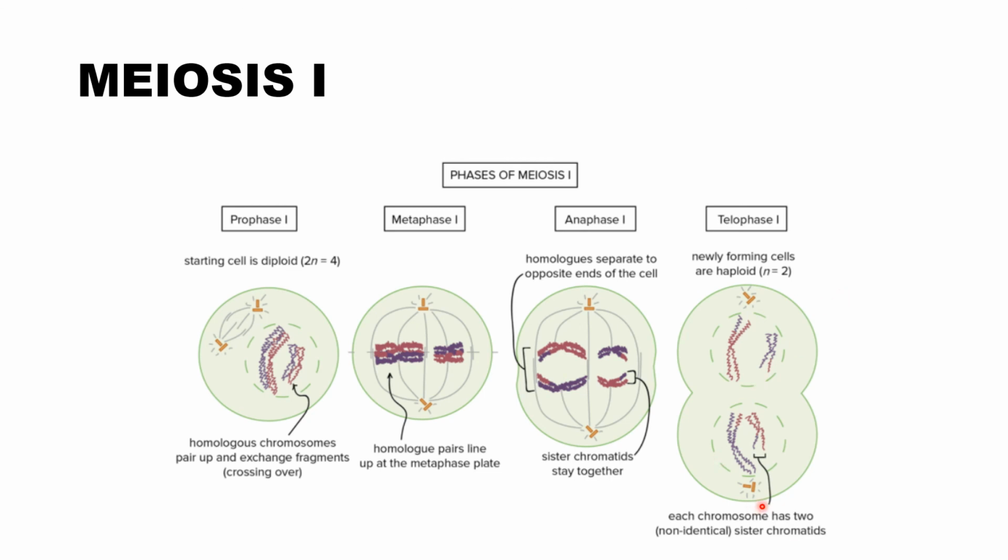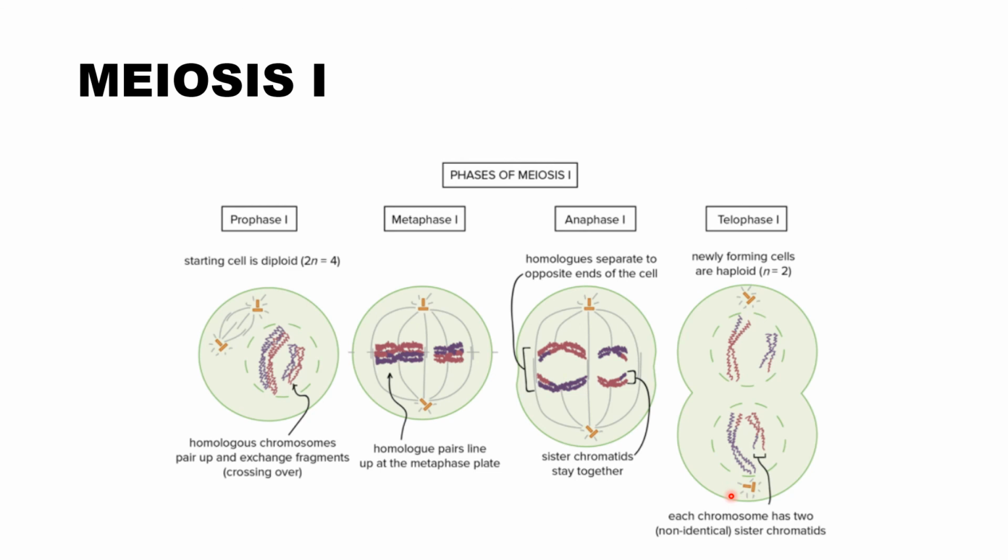So yun, bakit non-identical? Kasi may crossing over na naganap dito sa prophase 1. Kasi yung crossing over, nag-exchange sila ng, let's just say, DNA with each other. Kaya, yung mabubuo ngayon doon sa telophase 1 is a chromosome that has two non-identical sister chromatids.